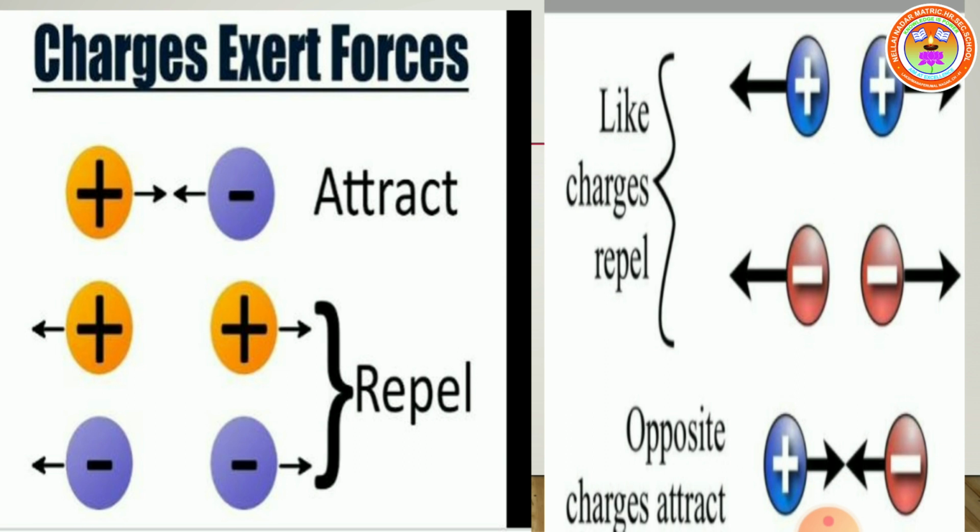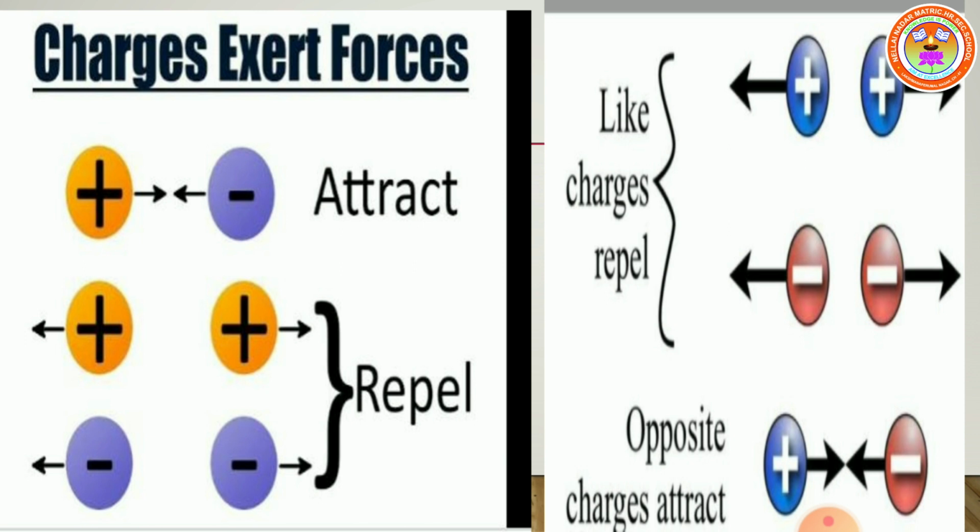There are two types of charges: one is positive charge, and the other is negative charge. Protons carry positive charge and electrons carry negative charge. There is a force of attraction between unlike charges and repulsion between like charges. Negative and negative repel.